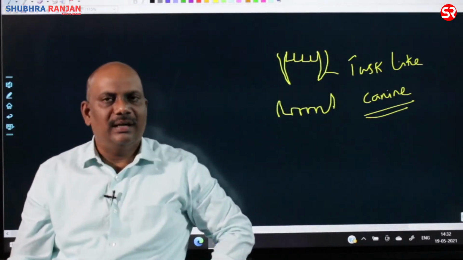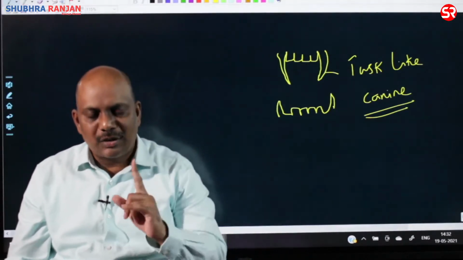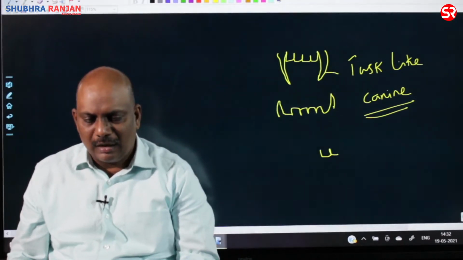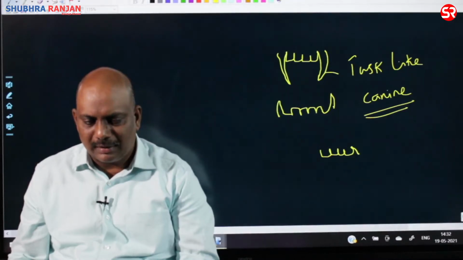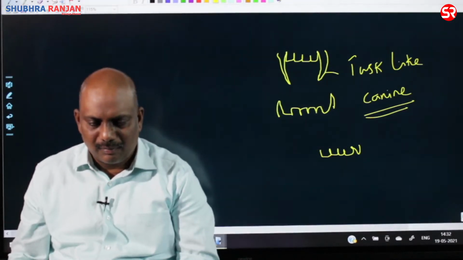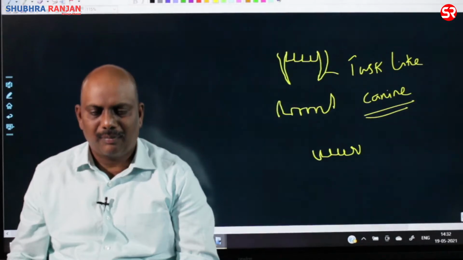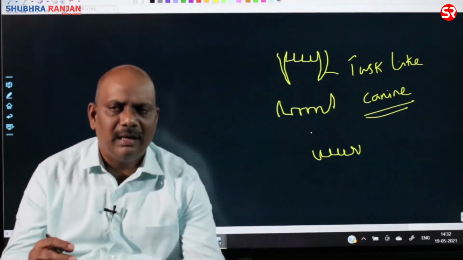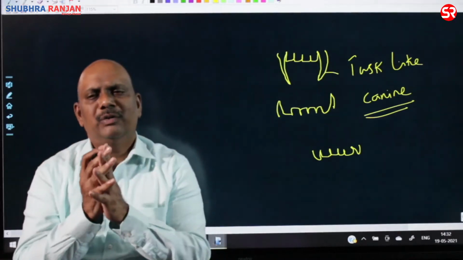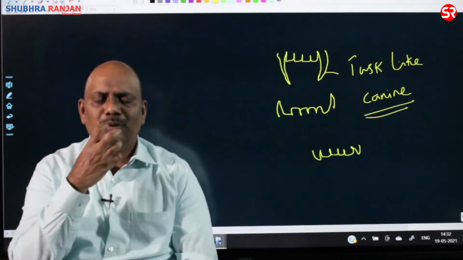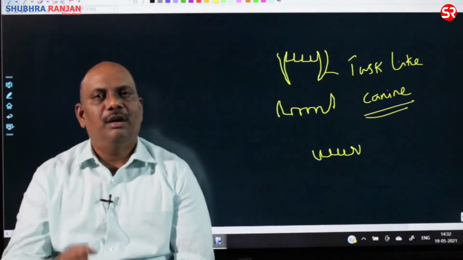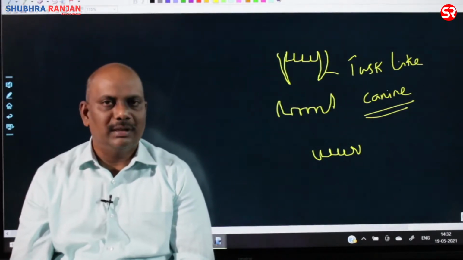Tusk-like canine. But for Australopithecus, this was not the case. The canines are small and only slightly projecting. It is because for the quadrupedal animals, when all their 4 limbs were used for locomotion, they used the teeth for hunting, for collection of fruits and tubers.